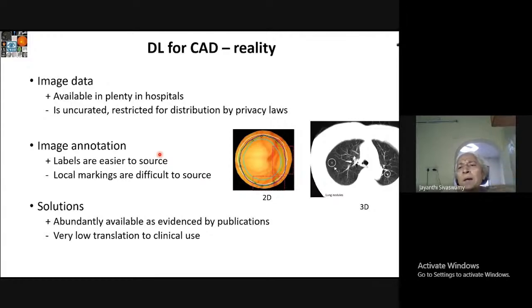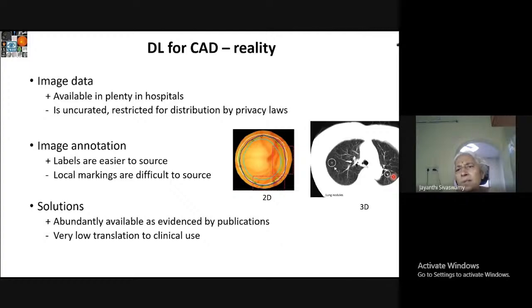Now, if you go to CT, this is lung CT, and you are trying to do lung nodule. So the expert is marking the nodule with a circle, which is a tool that you develop. And because it's 3D, you have to examine each slice.